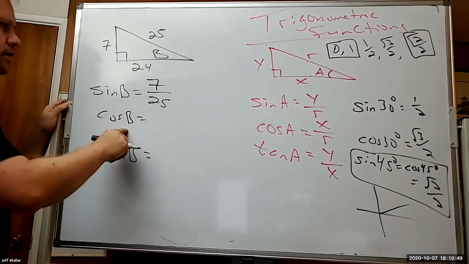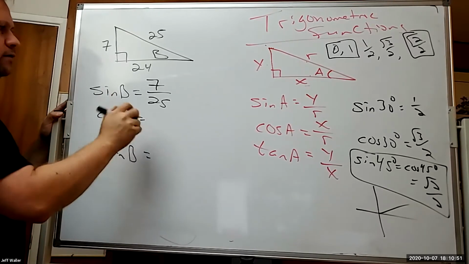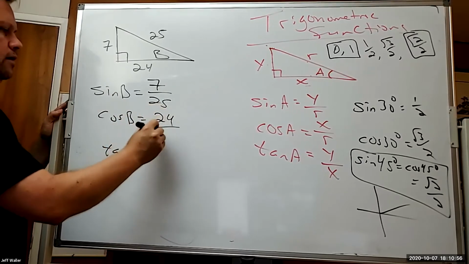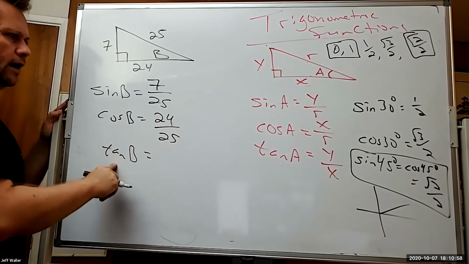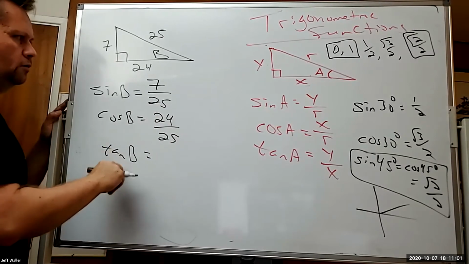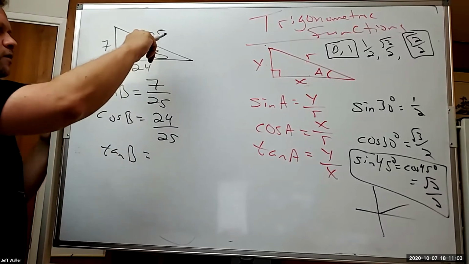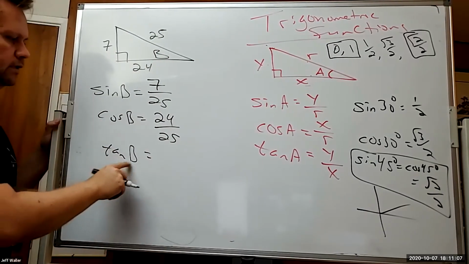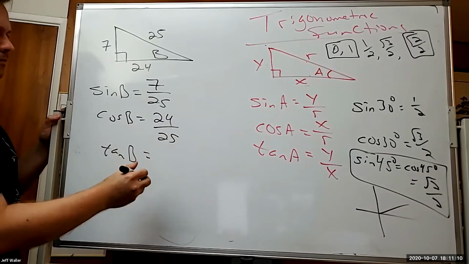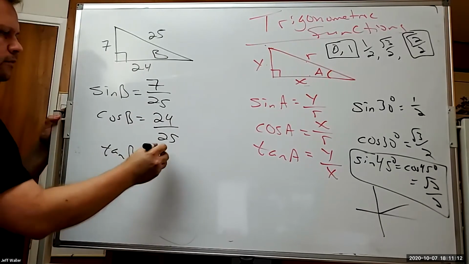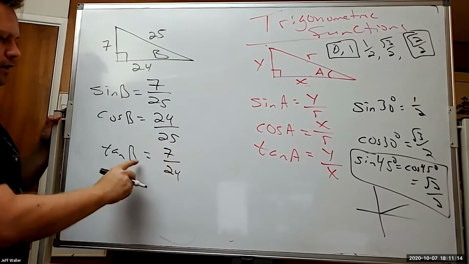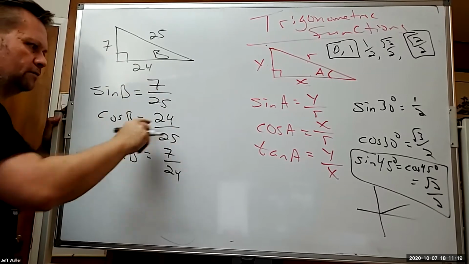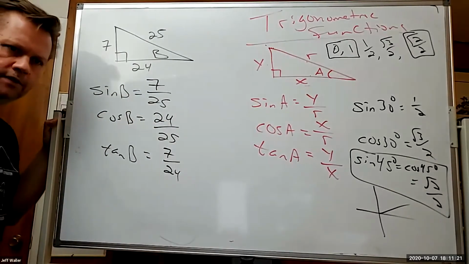And then cosine is going to be the other side. 24 over 25. So the only trig functions that don't have this in it are going to be the tangent related functions. So what's the tangent going to be? 7 over 24. So tangent is y over x, or it's also sine over cosine. They both mean the same thing.